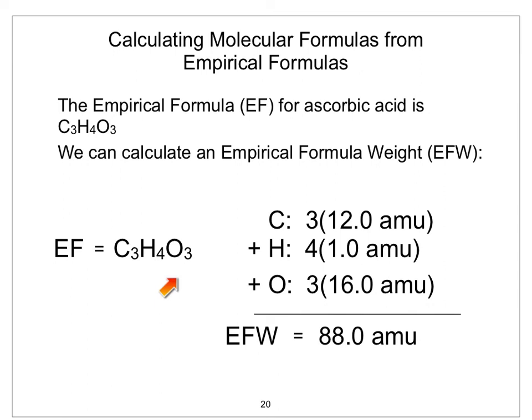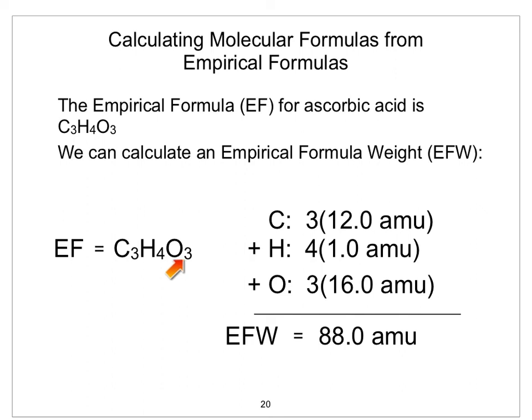As an example, suppose we have experimentally determined the empirical formula for ascorbic acid. As an empirical formula, this is the simplest whole number ratio of atoms present in the compound, or moles of elements present in 1 mole of the compound.